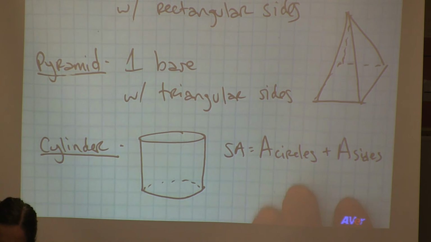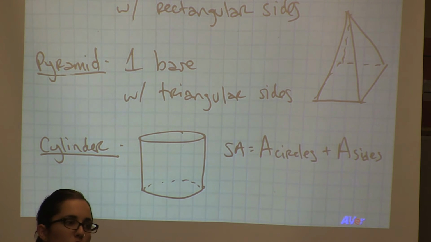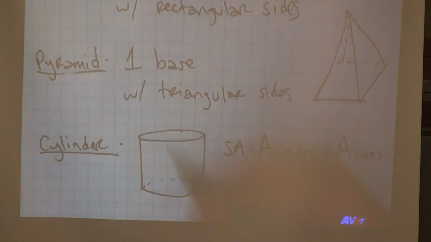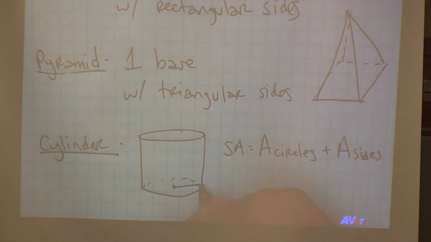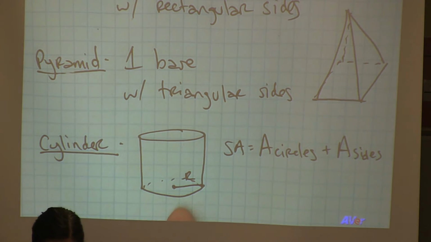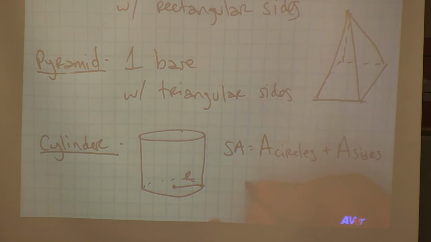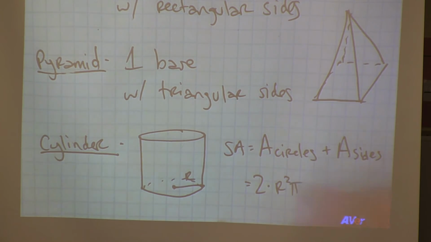We'll look more at this formula. But I'm going to tell you, what's the area of a circle? Pi r squared. Some of you are used to saying r squared times pi. How many circles are there? Two. So for the circles, I'm going to have two of my r squared pi situations.